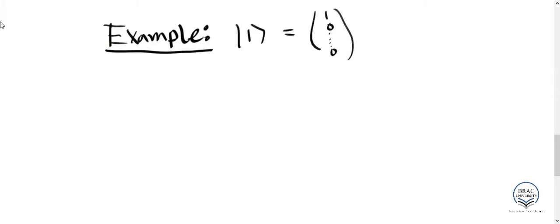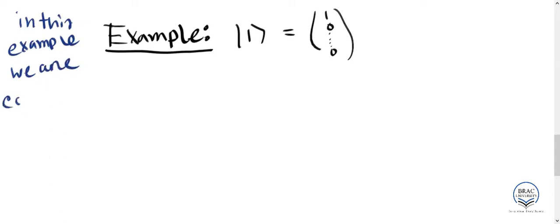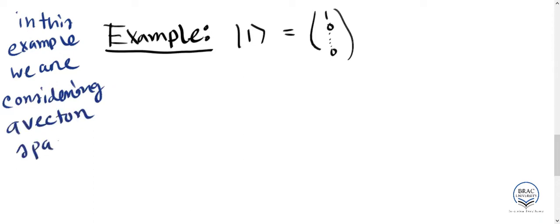In this example, we are considering a vector space over K^n.